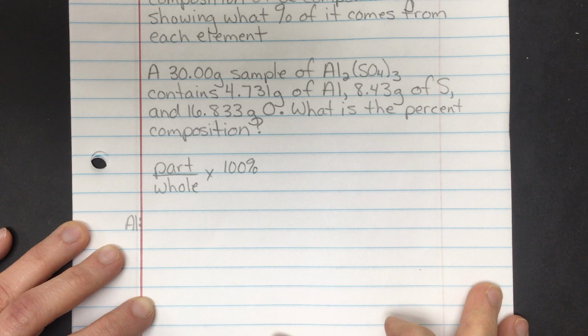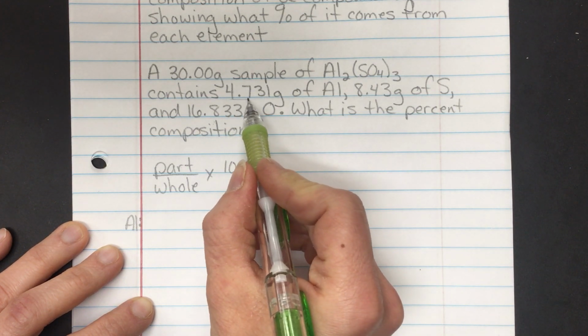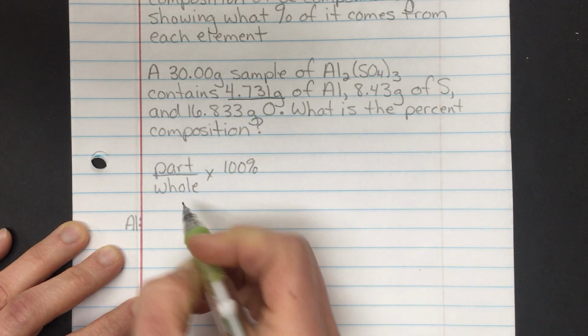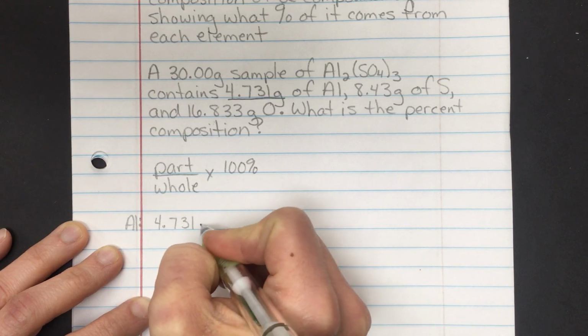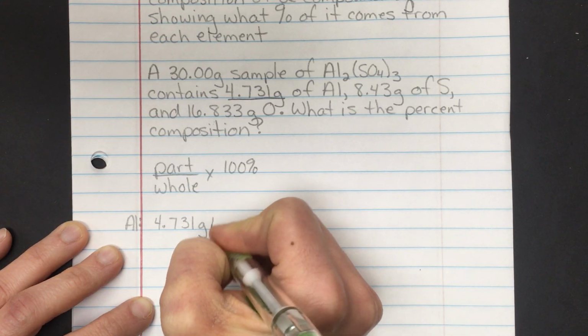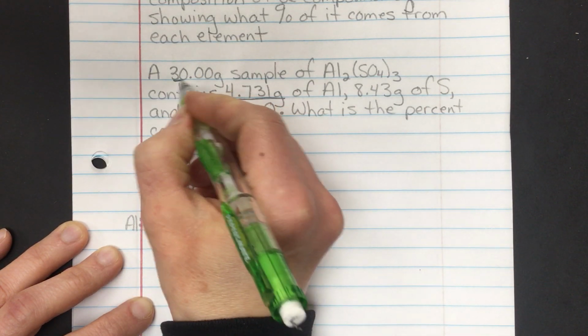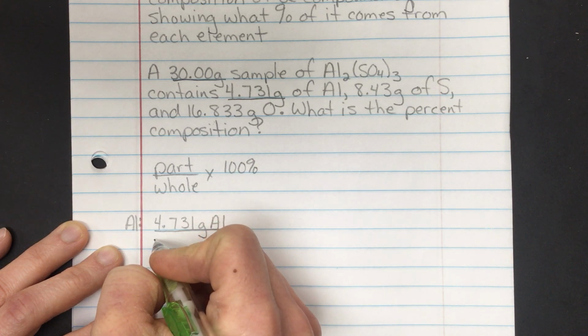So what we do is we simply take the mass of the aluminum, which is the part, 4.731 grams of aluminum, and we divide that by the whole, which is the 30 grams of aluminum sulfate.